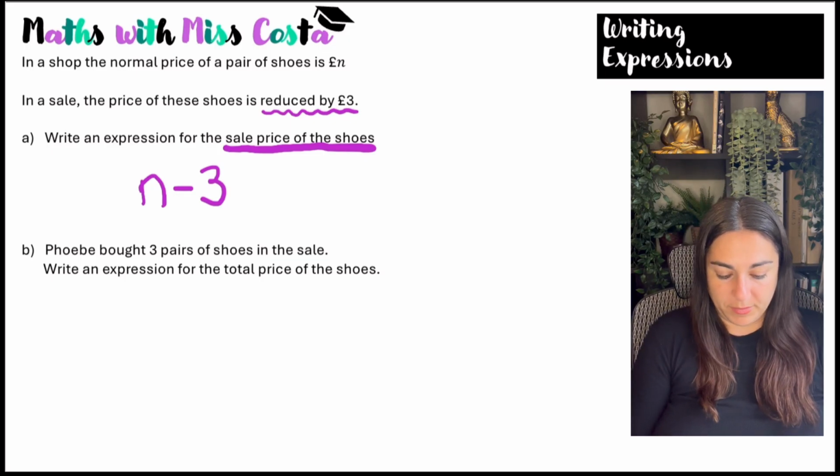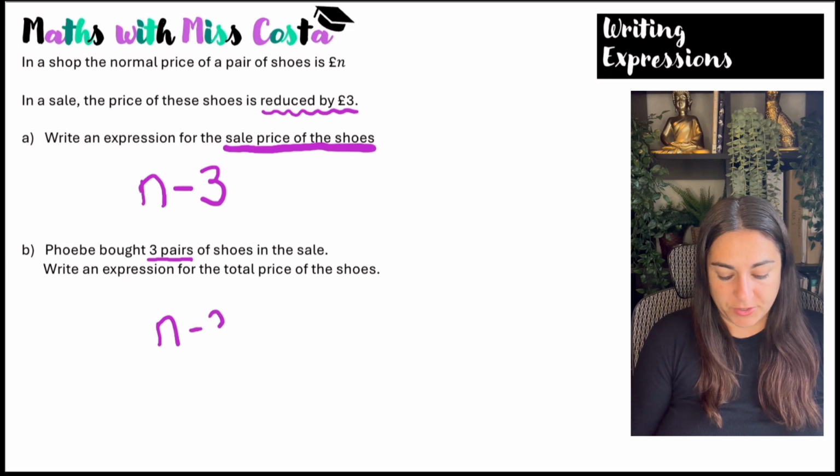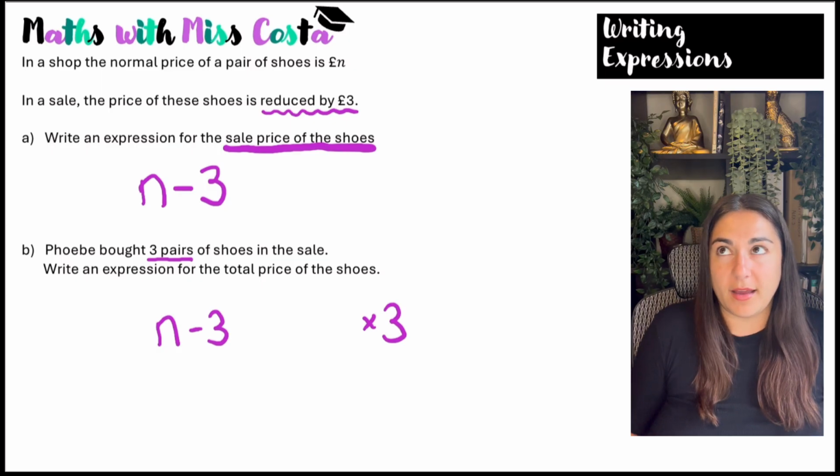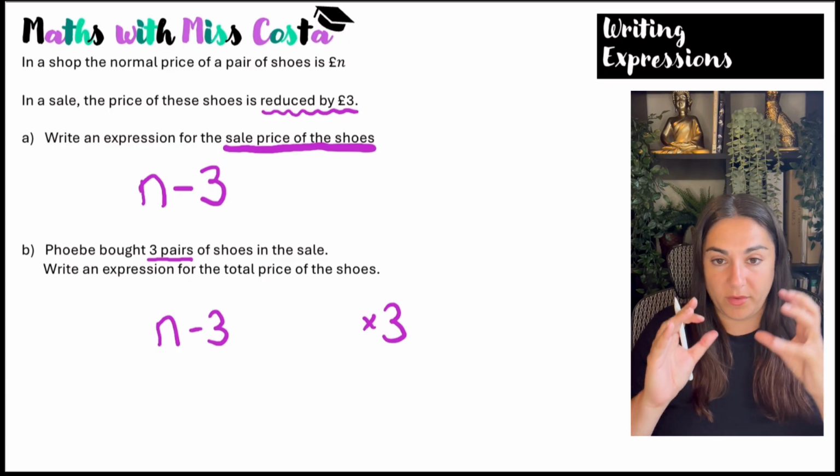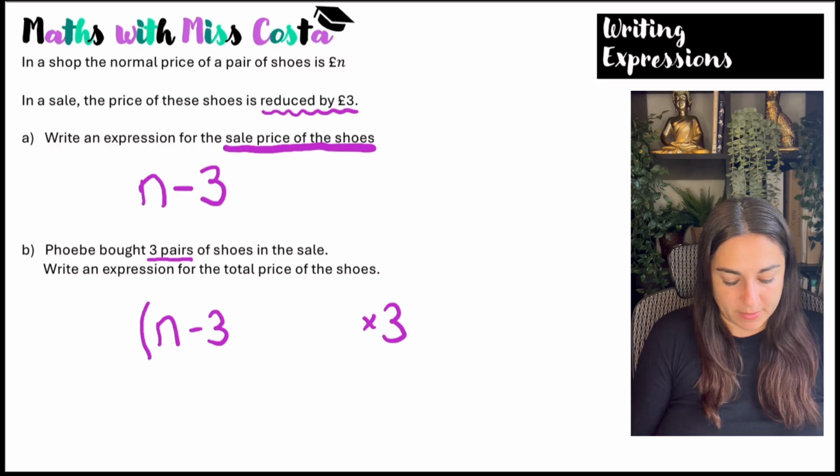I'm then told that Phoebe bought 3 pairs of shoes in the sale. Write an expression for the total price of the shoes. So I know that 1 pair of shoes is N minus 3, and I want 3 lots of this. Now the way we show a multiplication in algebra, if there's more than one thing, is we put it in brackets.